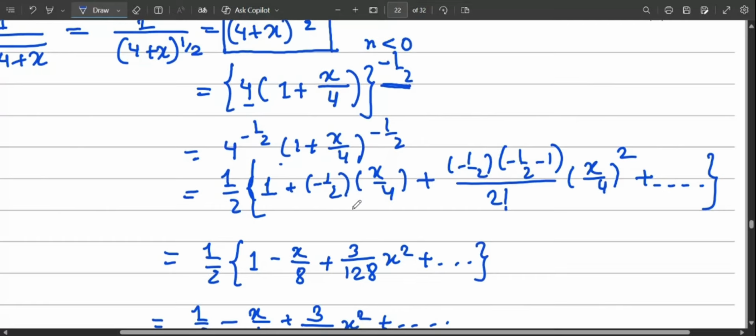For plus x by 4, the value is the same for the third term, and for minus x by 4, the value will be the same. The sign for the third term will be the same. That's why we understand that the only thing that changes due to this change in our expression is the second term. The second term was negative. Now in part B, the second term would be positive.